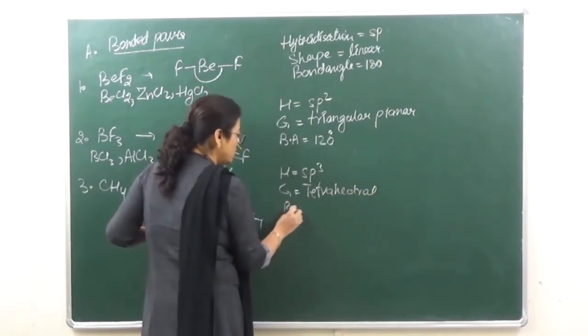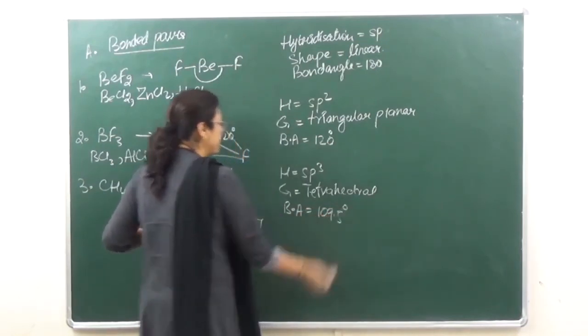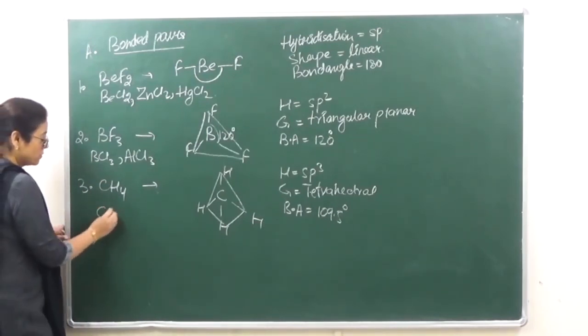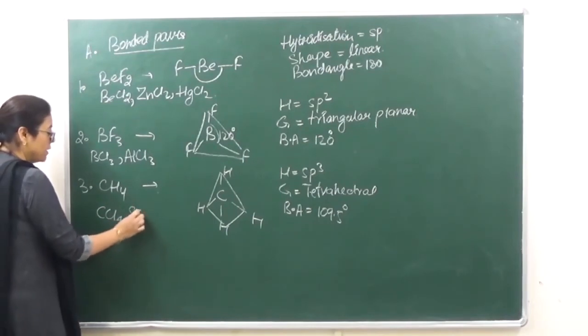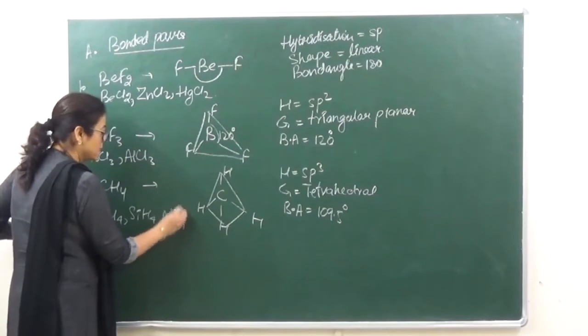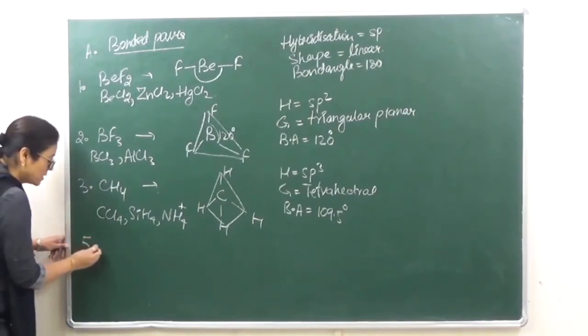Bond angle is going to be 109.5 degrees. Right? And other examples are CCl4, SiH4 and NH4 positive. Clear? Then we go on to the next one.